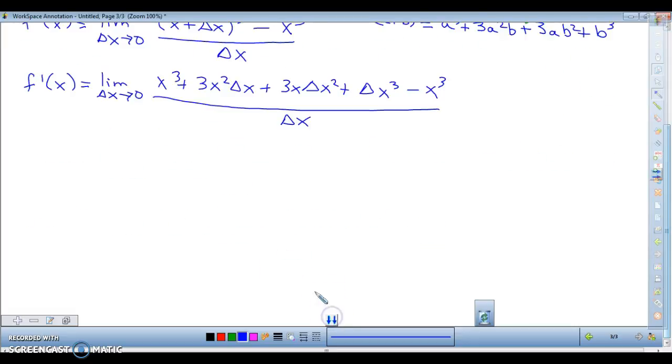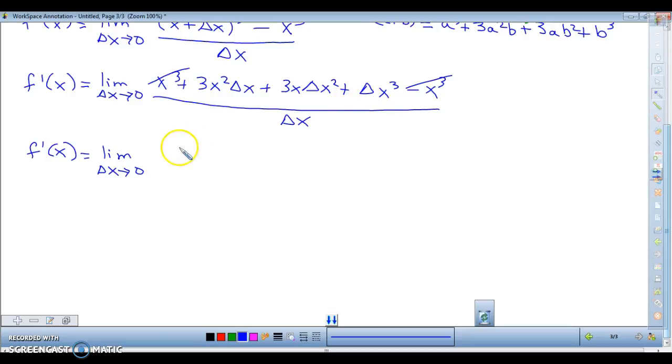So if we do this part right, and we are going to always do it right, then everything that does not have a delta x in it should cancel. Do you see the x cubes canceling because one's positive and one is negative? Everything else that's left, you should be able to factor out a delta x that can cancel with this delta x down here.